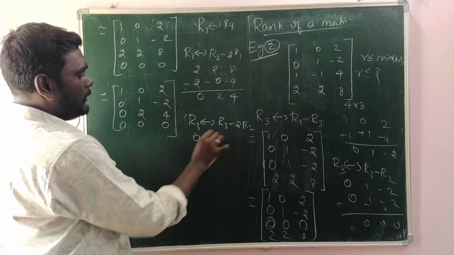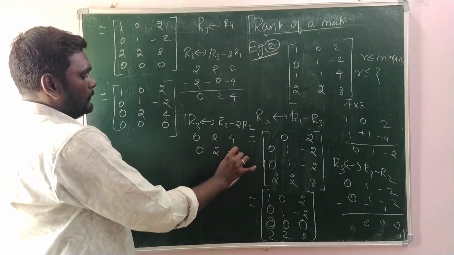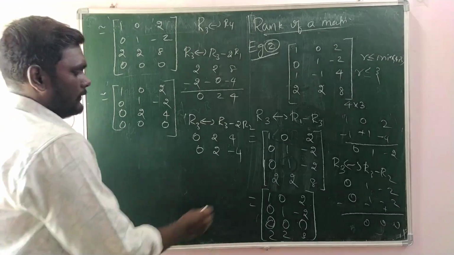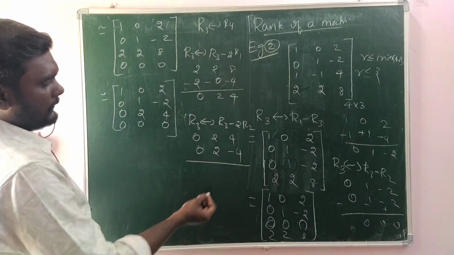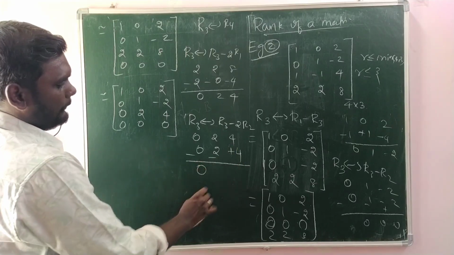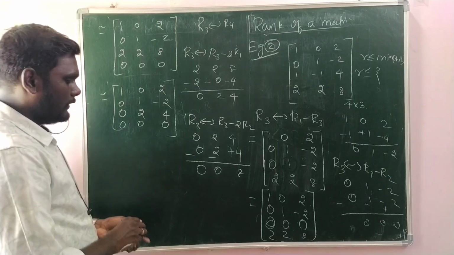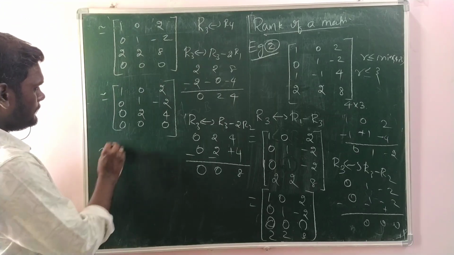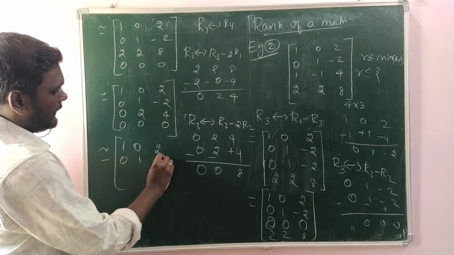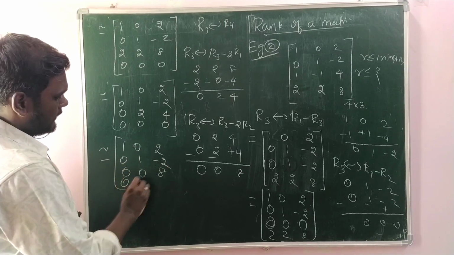R3 is 0, 2, 4. 2R2 is 0, 2, minus 4. We subtract: this is minus, this is minus, this is plus. So we get 0, 0, 8. The rows are 1, 0, 2; 0, 1, minus 2; 0, 0, 8; and 0, 0, 0.